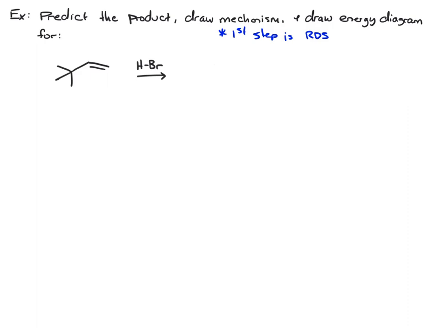So let's start by doing our first step, which is just the proton transfer. We start at the double bond, draw an arrow to the proton, and lose bromide as the leaving group, and draw the intermediate that you get. So we're going to end up putting the hydrogen right here.